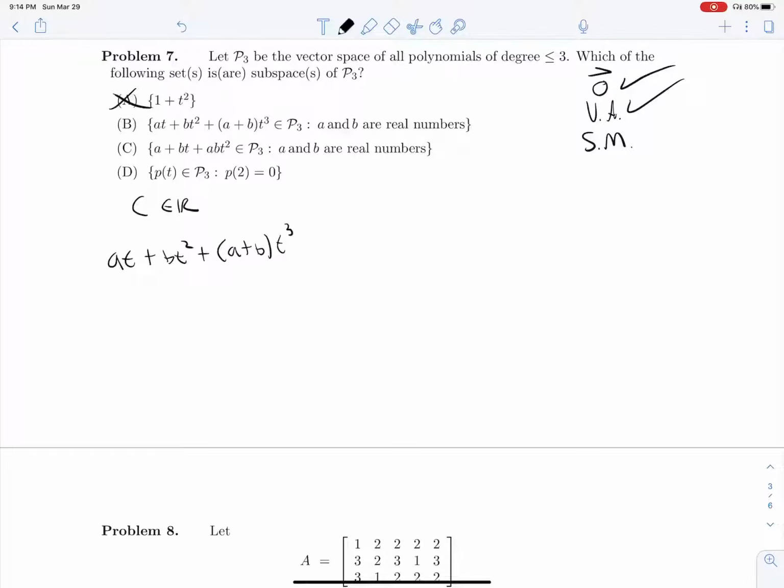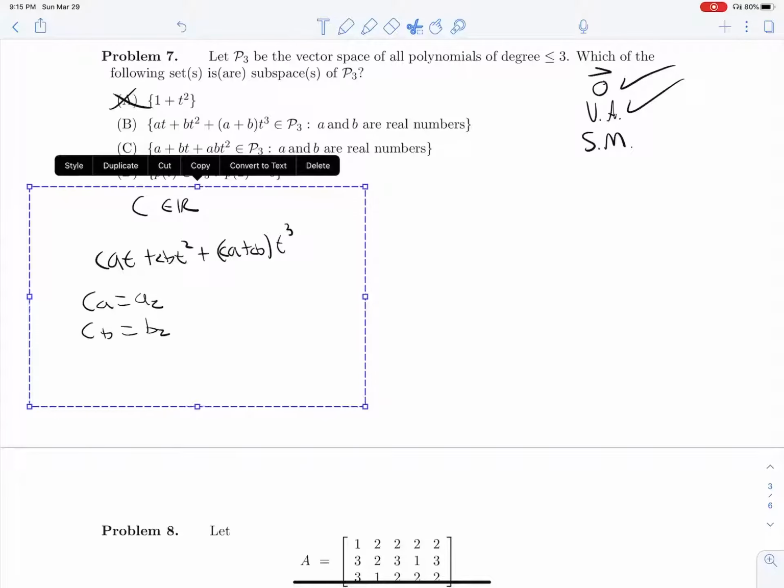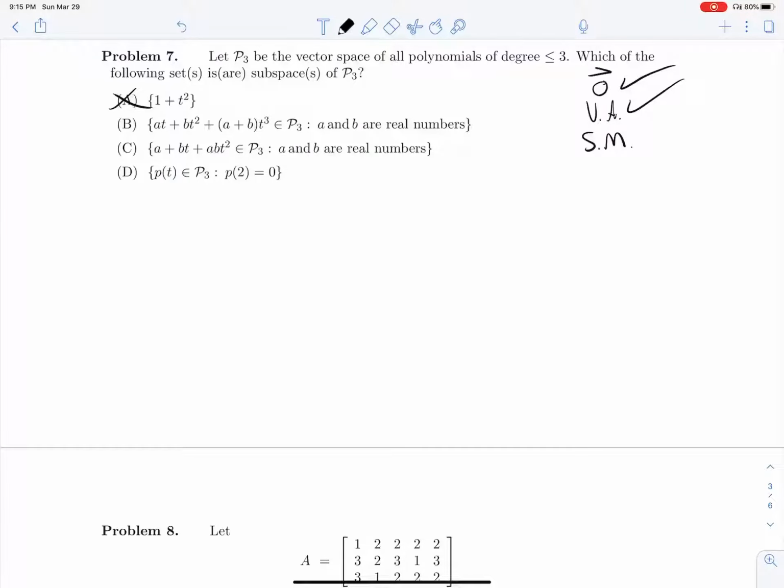Let's multiply all of that by C. And the nice thing here is that we are closed under scalar multiplication because CA is just another real number, CB is just another real number, and so we can express CA as just another A, and CB as just another B, and we will get another element of the set. So option B obeys all the rules, so it is a subspace of P3.